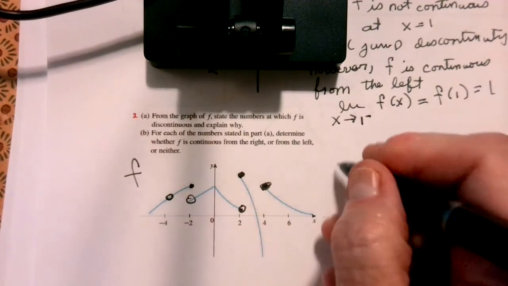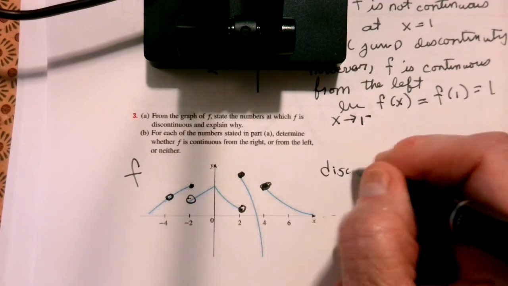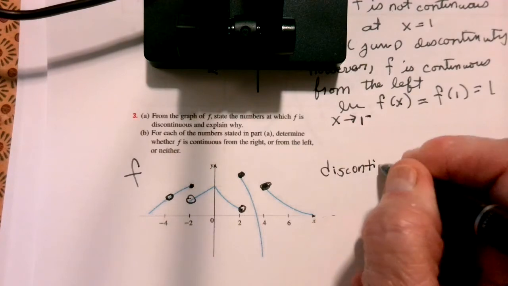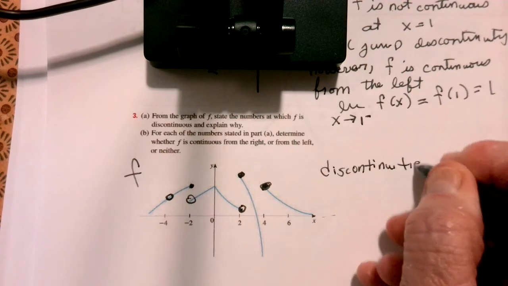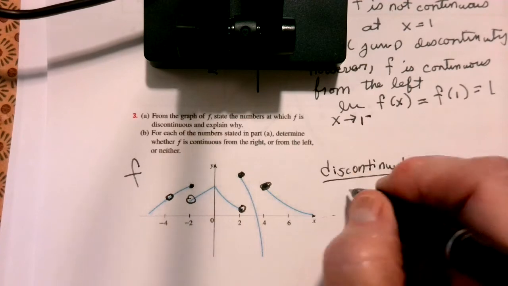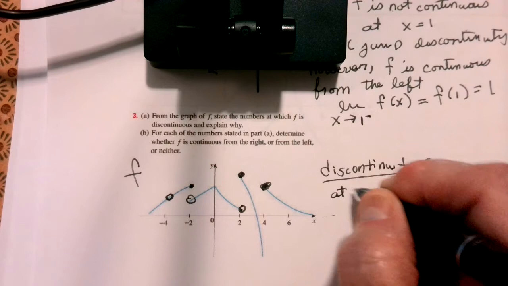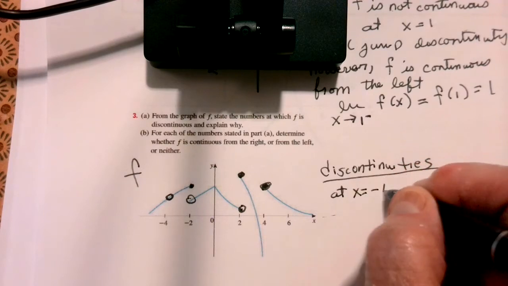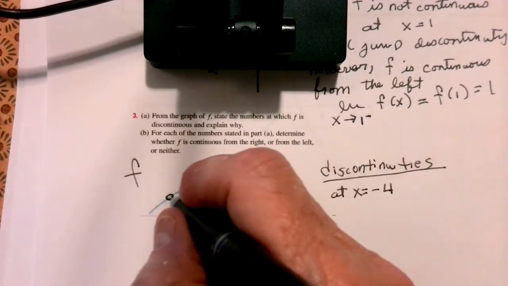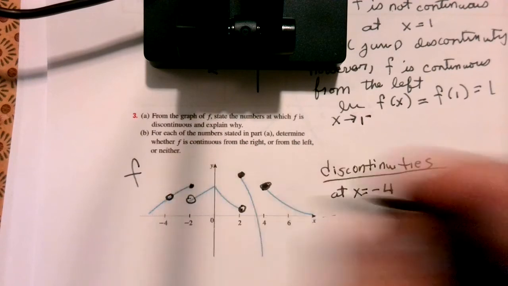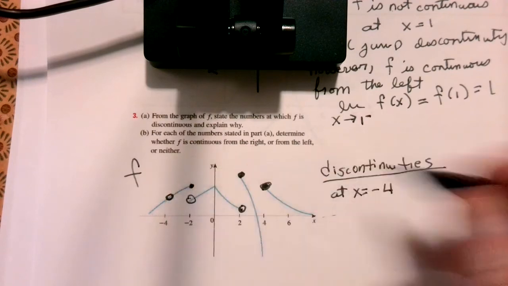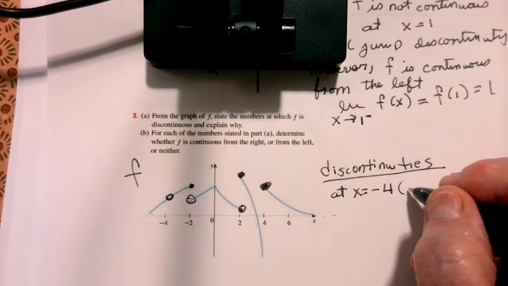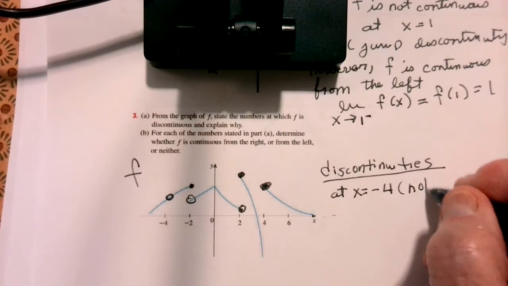So the discontinuities are at x equal -4 coming in from the left. And at x equal -4, it doesn't have a solid dot either coming in from the left or the right. So it's not continuous from the left or right.